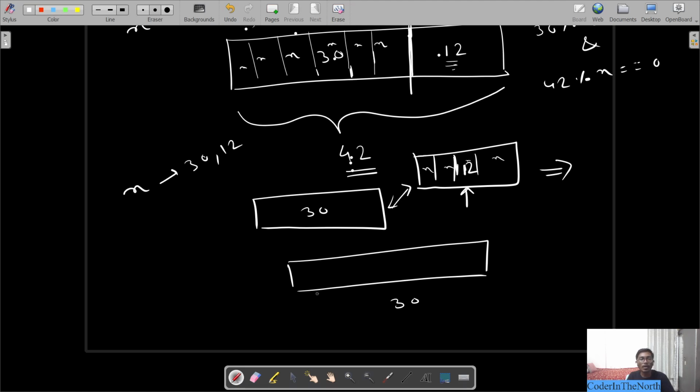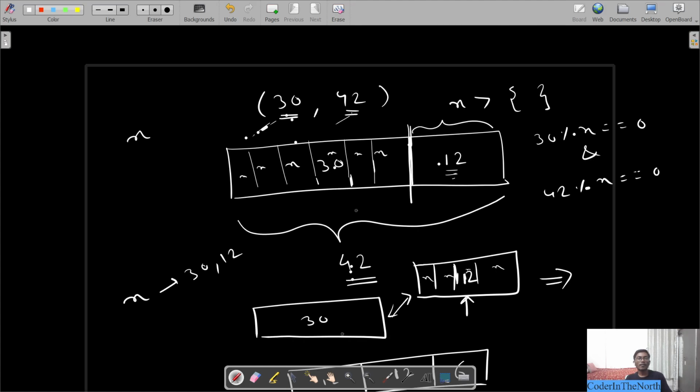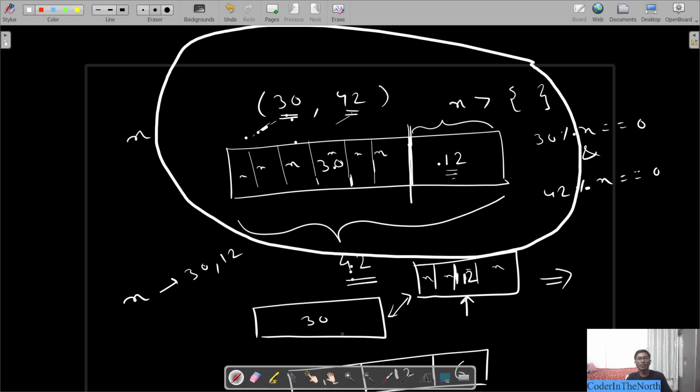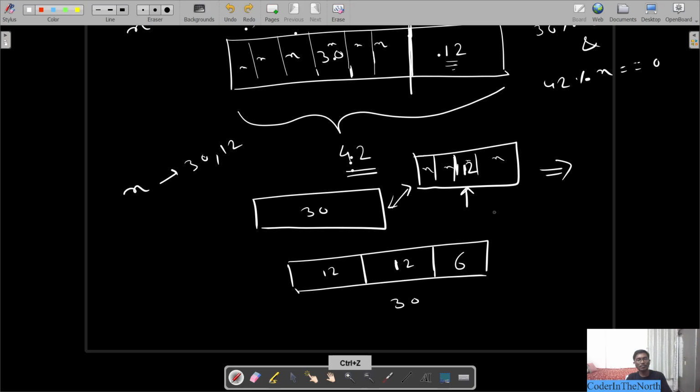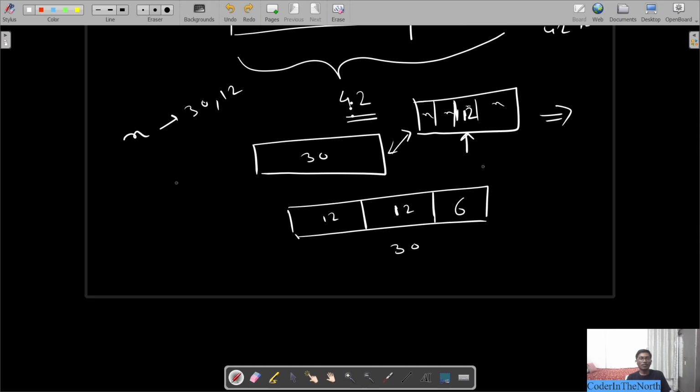Now if I have a big block of 30 and I convert this 30 block into two 12 blocks, what will remain, 12 and 24, the remaining part will be 6. So now I'm considering the same way we considered things in this part. We are going to repeat it here.